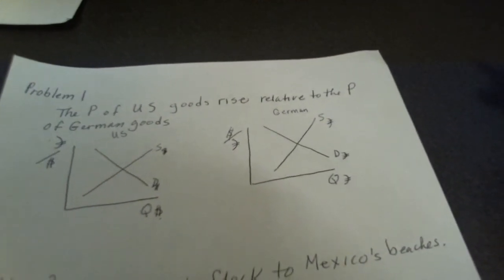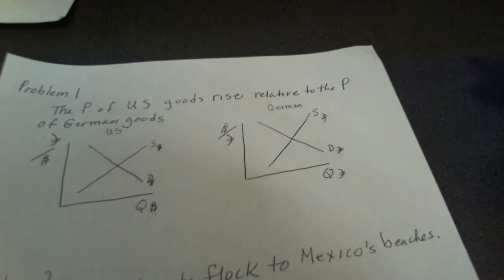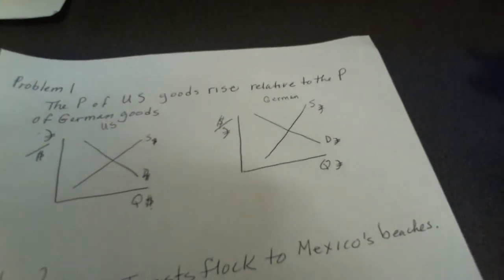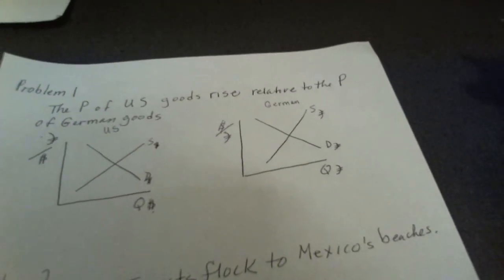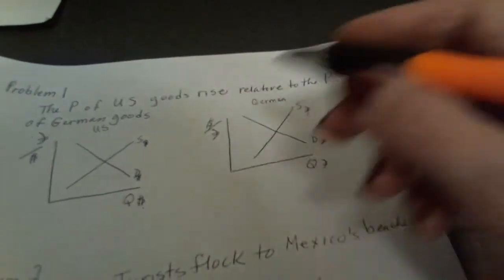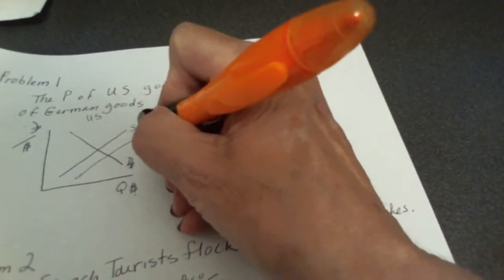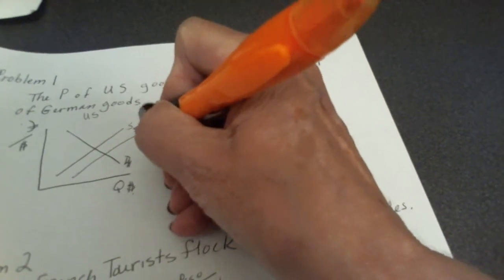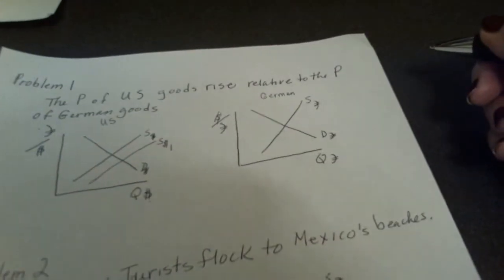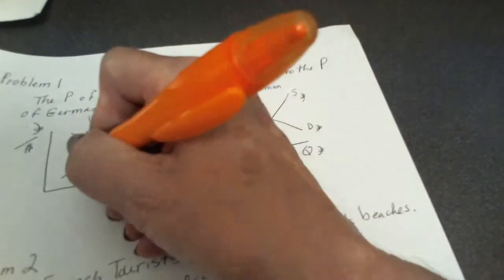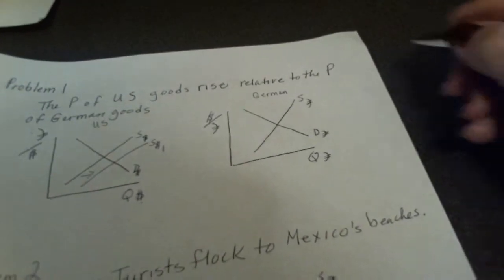Americans are going to be demanding less expensive German goods. So therefore, Americans are going to be supplying dollars again. The curve is going to shift to the right.